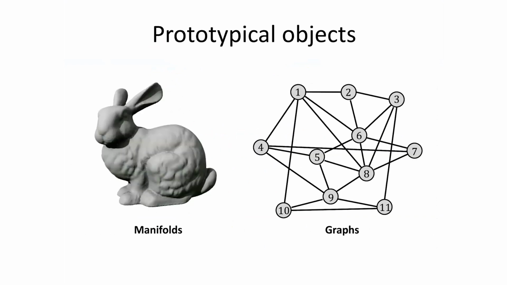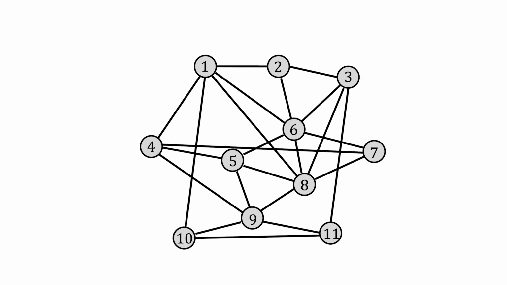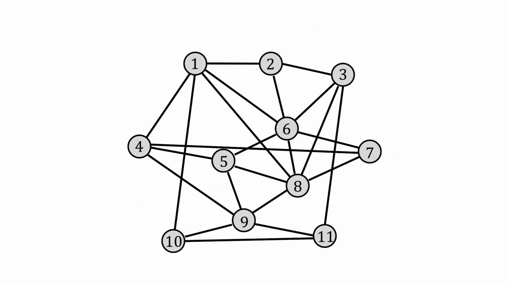So the two prototypical objects in this field are manifolds and graphs. Manifolds are surfaces, they're usually discretized as meshes. Graphs are very basic abstract models of systems of relations and interactions. So today I will primarily focus on graphs, and I will say a few notes about the similarities and differences to manifolds.